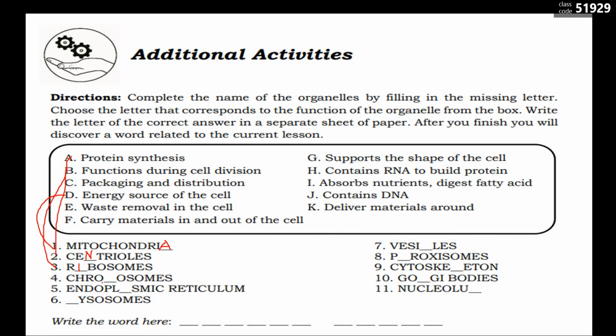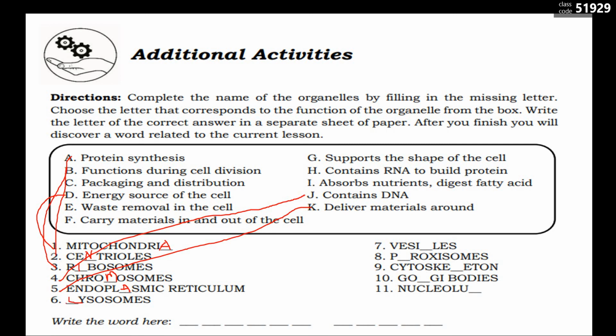And for number 4, we have chromosomes. So that is for letter J. It contains DNA. And this is endoplasmic reticulum. And for number 5, it's letter K. Deliver materials around. So this is lysosomes.